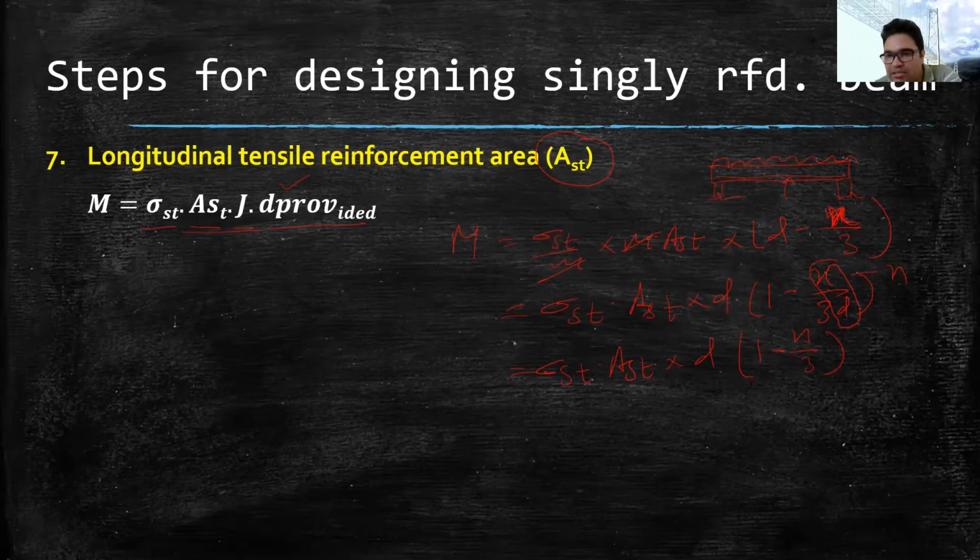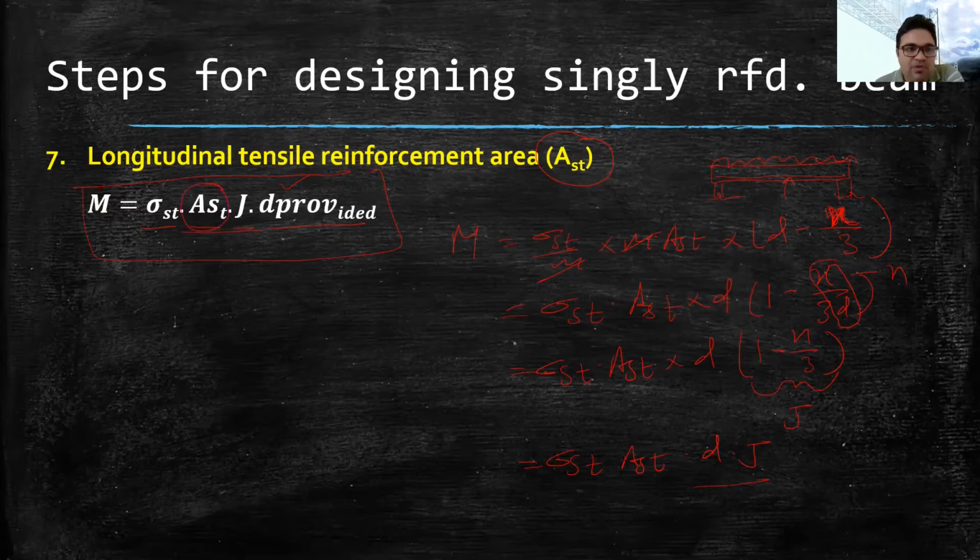And we know that 1 minus N by 3 is basically the J value. So this becomes sigma ST into AST into D into J, and this is the formula that I have written here. This is how we arrived at this formula.